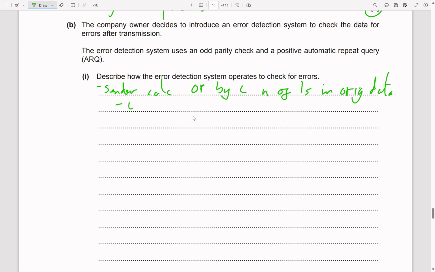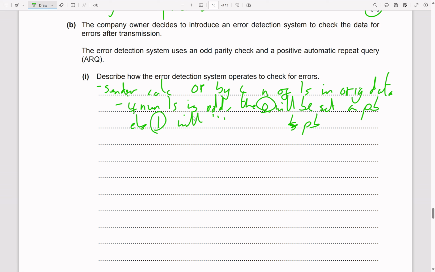If the number of ones is odd, then 0 will be set as PB, parity bit. Else 1 will be set as PB. So again, if the number of ones is odd, a 0 will be the parity bit. Else if the number of ones is even, then a 1 will be the parity bit.